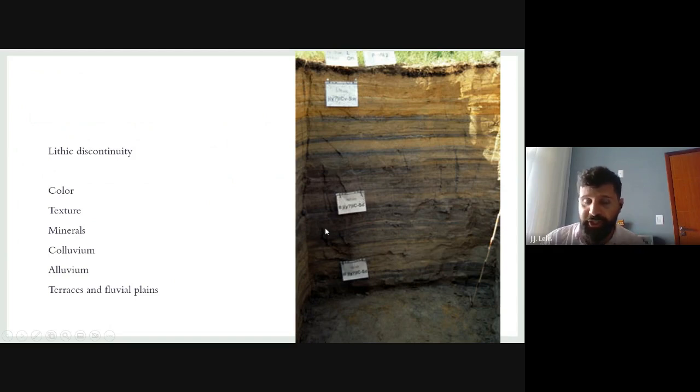This variation of texture and of clay content shouldn't be related to an argic horizon, but to a lithic discontinuity. So this difference of texture should be only related to one of these processes that we talk about.